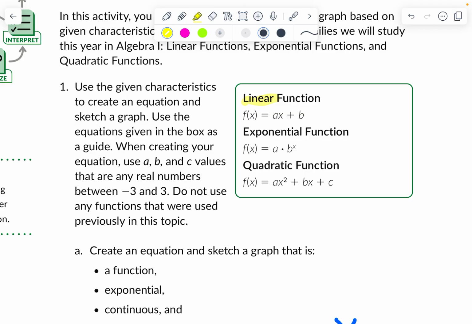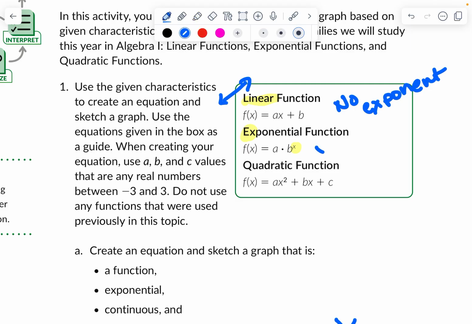Notice there is no exponent. When you're looking at linear, there is no exponent. The exponents are going to cause us to curve, okay? Linear has no exponents, but when we introduce exponents, this is going to cause us to curve. The exponential function has an exponent of x.